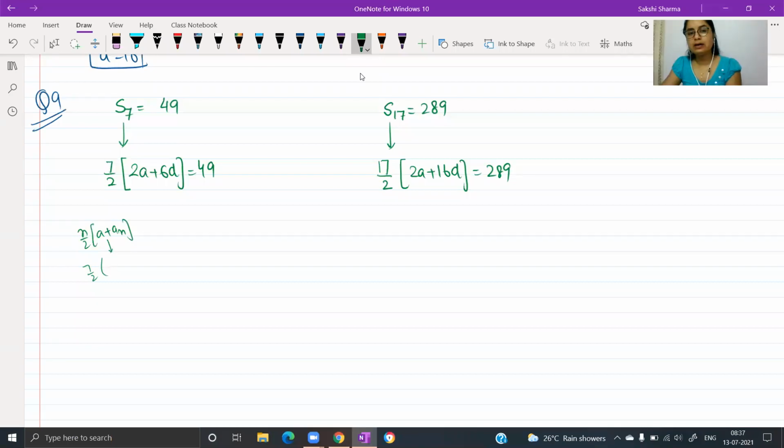The sum of first and the last term will change because the first term is the same, the last term will change. If it's sum of 7 terms, the last term will be A7. If it's S17, the last term will be A17.